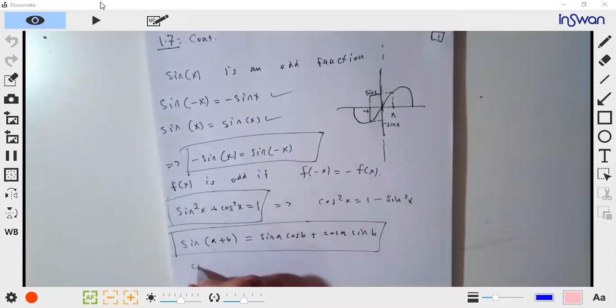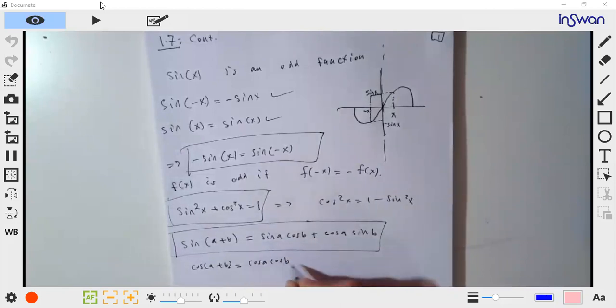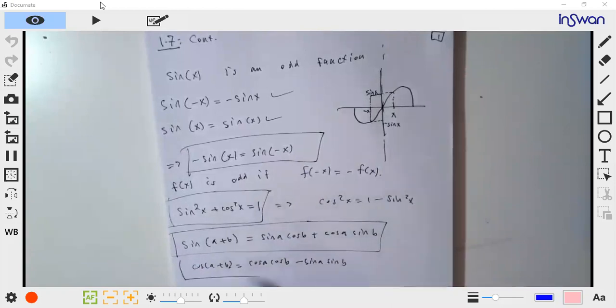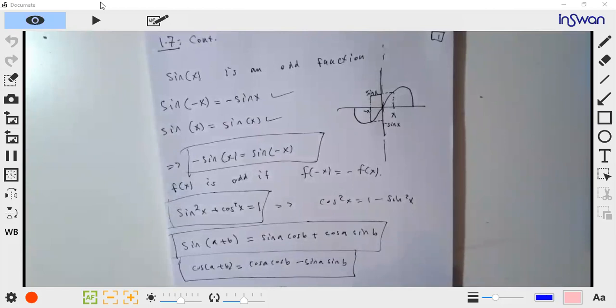And cosine of a plus b is equal to cosine of a cosine of b minus sine of a sine of b. These equations can be derived, but we'll take them as given. Another useful fact is that if the domain ranges between 0 and pi over 2, then this inequality holds.